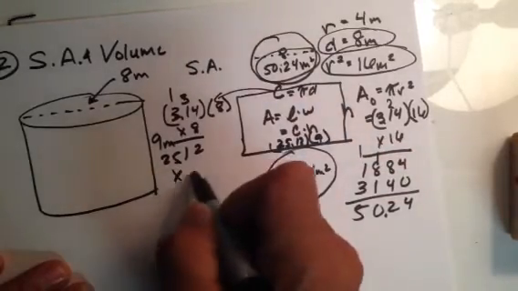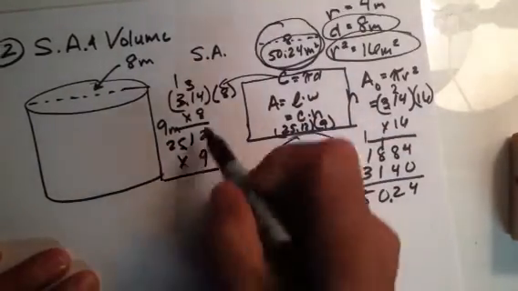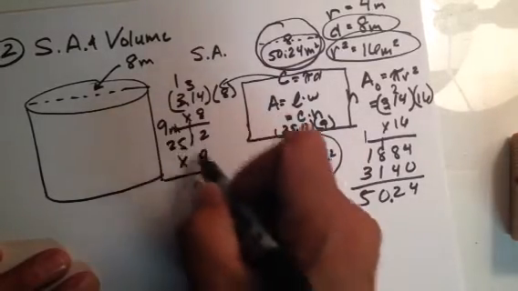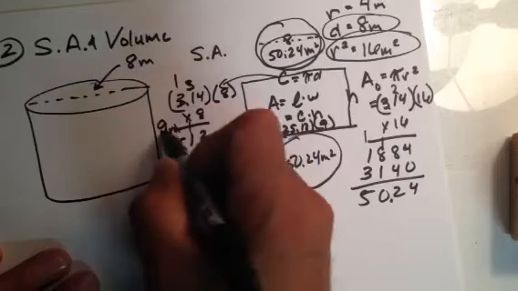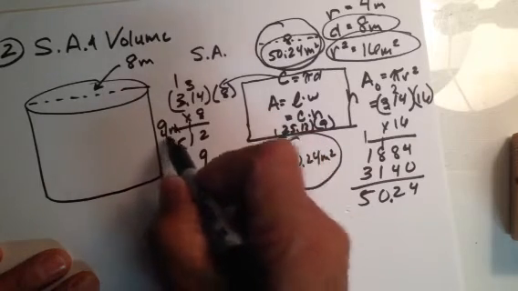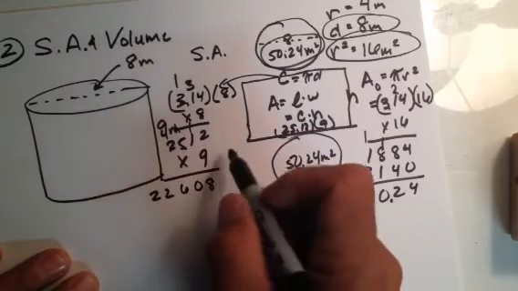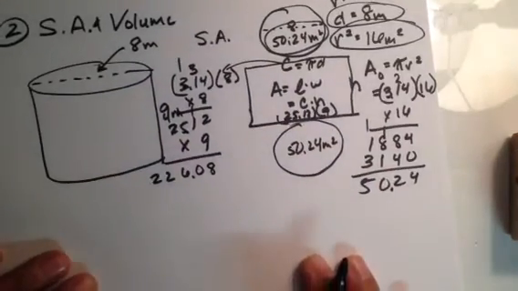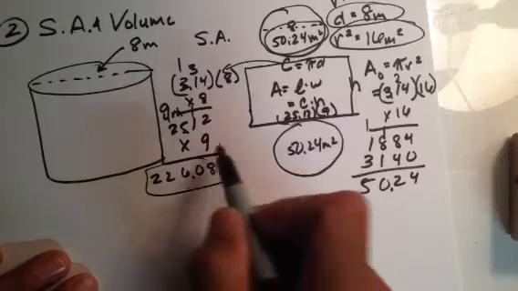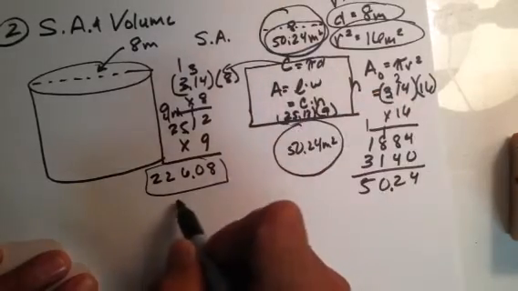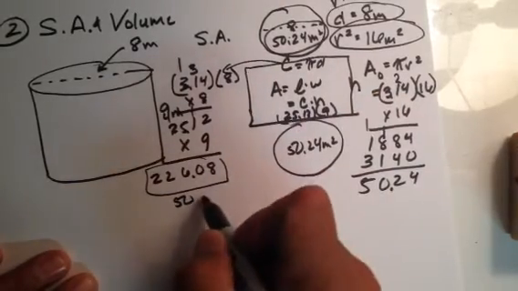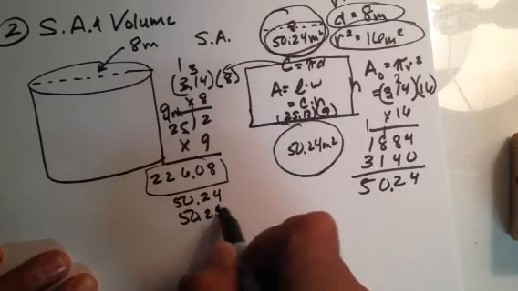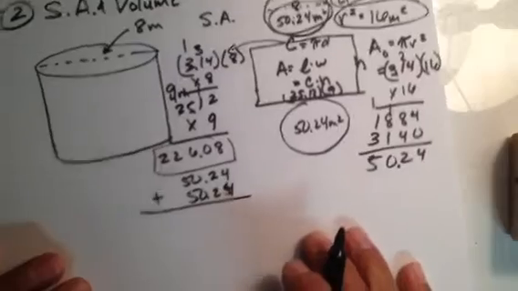So I got to multiply this by 9. And then you end up getting 18, 9, 10, carry the 1, that's 45, 46, carry the 4, that's 18, it's going to be 22, and that's 1, 2. So now we have the area of the rectangle, the area of the circles, and now we just got to add that up for your surface area.